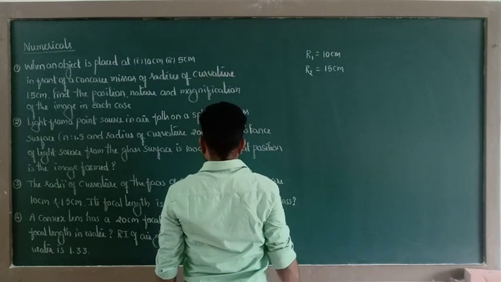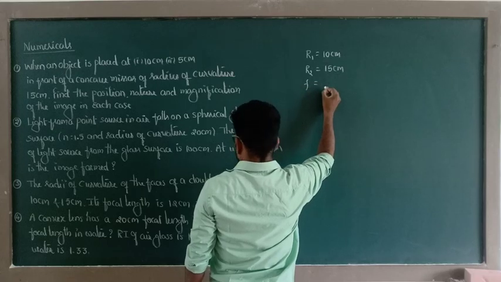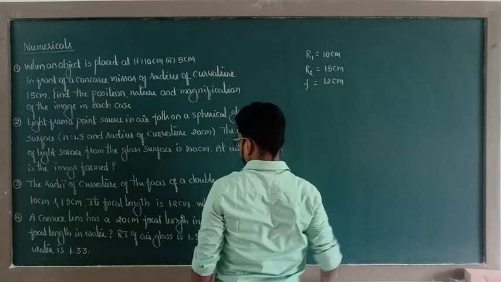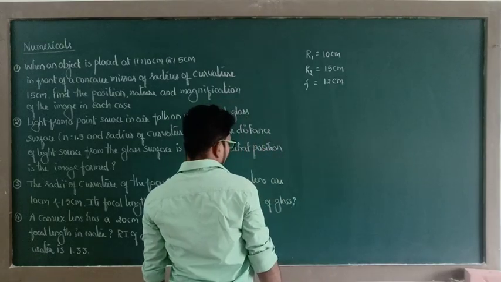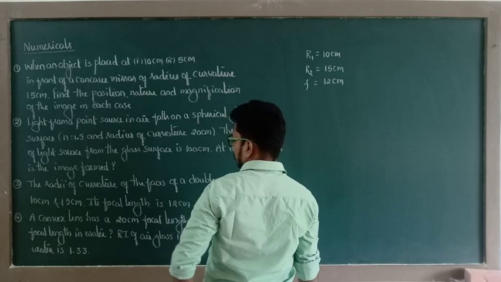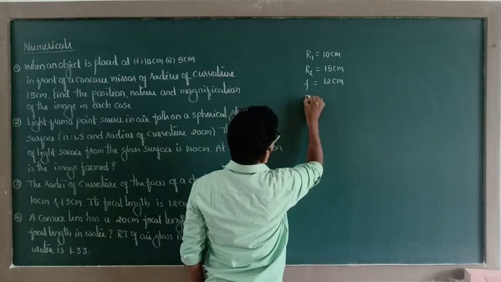Its focal length is 12 centimeter, f is equal to 12 centimeter. What is the RI of glass?